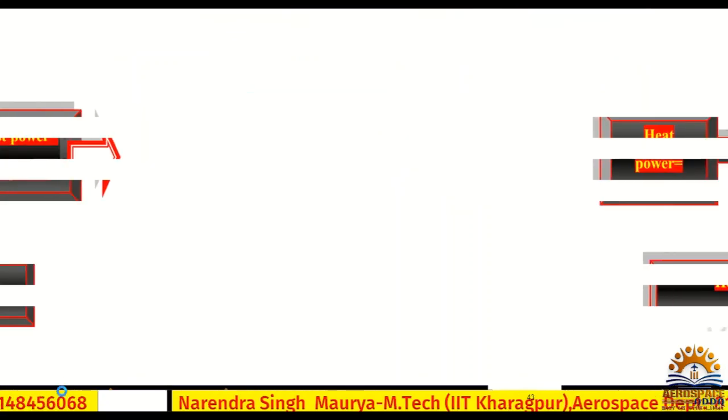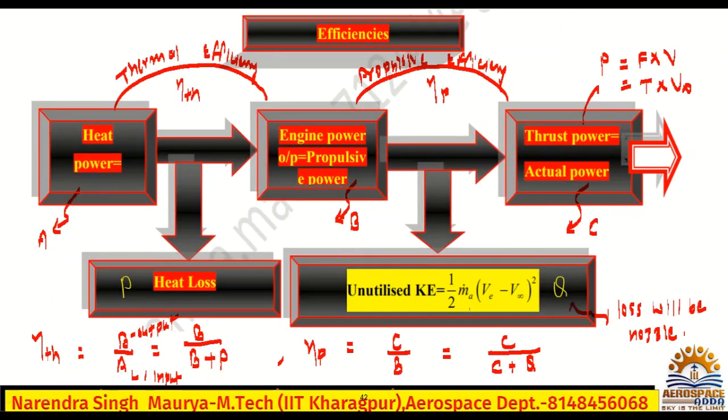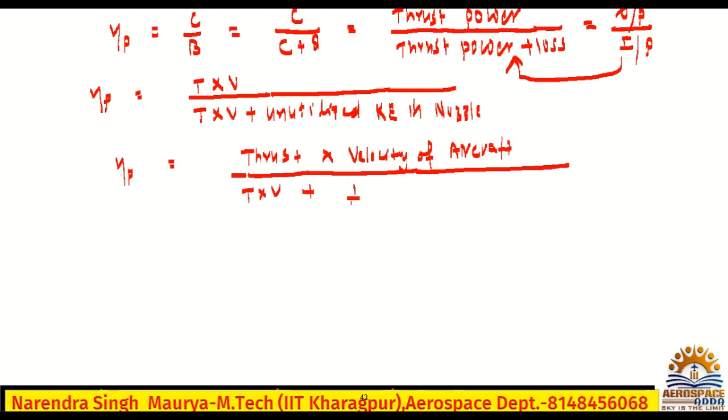What is the unutilized kinetic energy? Check. 1 by 2 m dot (VE minus V infinity) square. No? 1 by 2 m dot into change in velocity square, you can write. What is the change in velocity? That is V minus V infinity, exit velocity minus aircraft velocity, square.